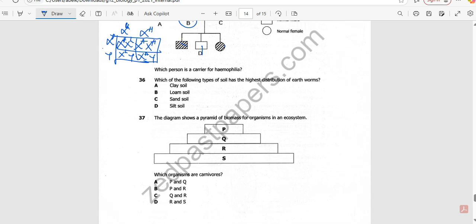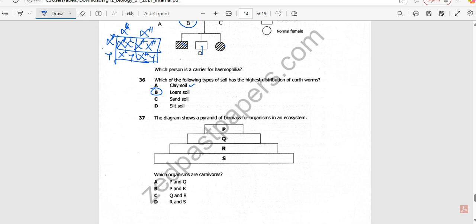Which of the following types of soil has the highest distribution of earthworms? So it is loam soil, because this one has nutrients which would benefit the earthworms, and the soil is not compact compared to clay soil.